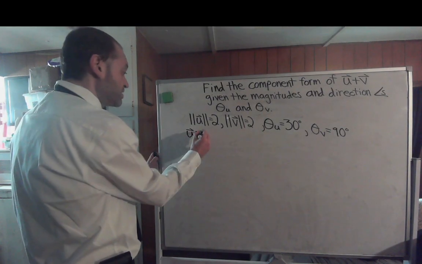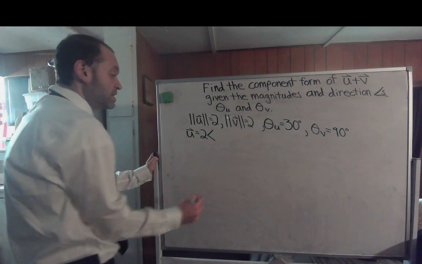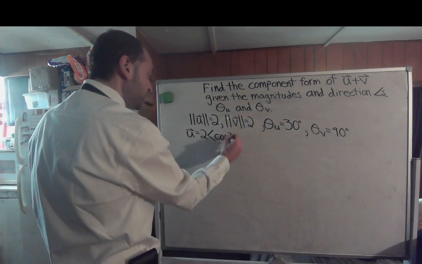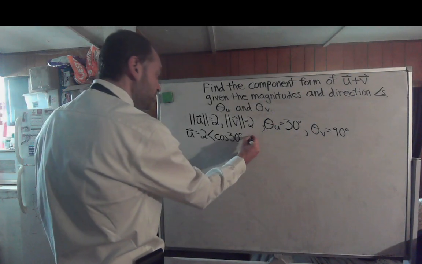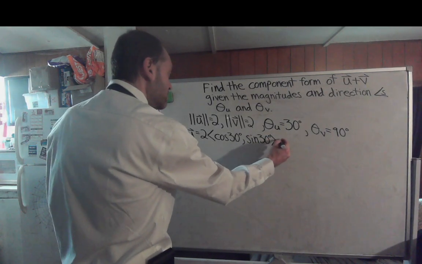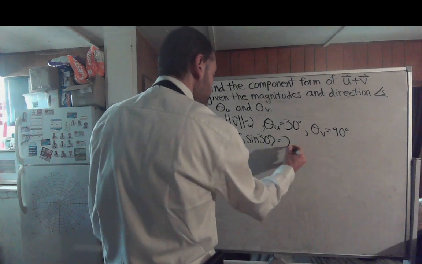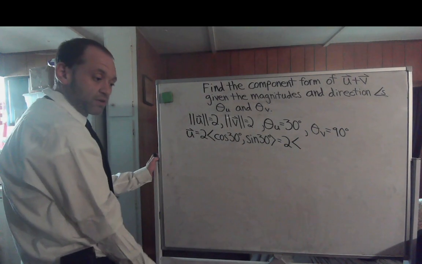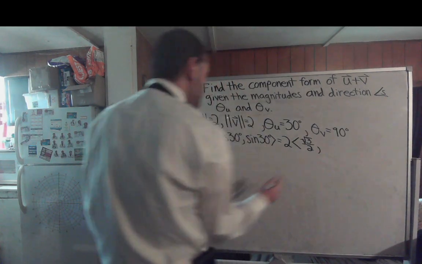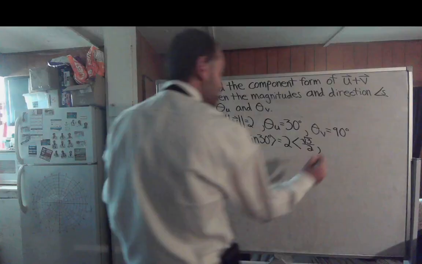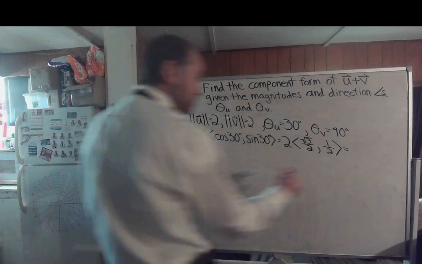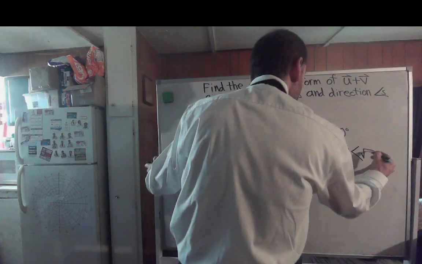That's going to equal the magnitude of 2 times the cosine of 30 degrees, sine of 30 degrees, which gives you 2 times, now what is the cosine of 30 degrees? That's the square root of 3 over 2. And the sine of 30 is 1/2. Giving you a total vector u of simply the square root of 3, 1.